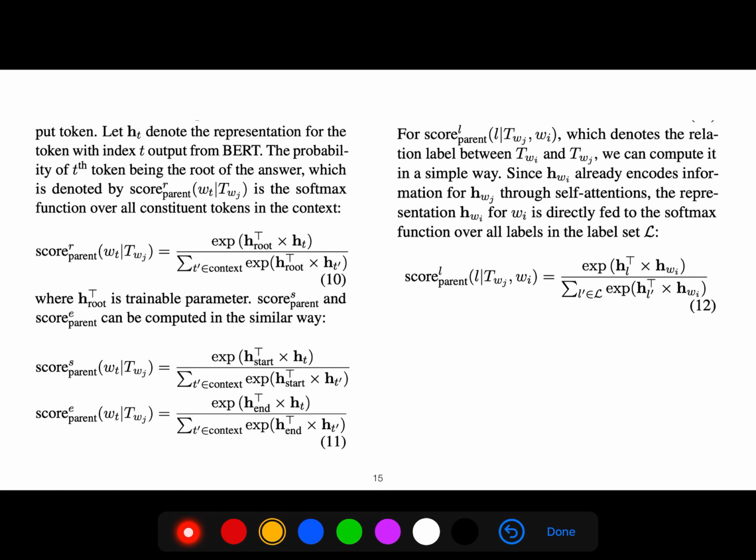They are similar. We use the representation for the token with index t, which is output by BERT, and we can model the score of w_t. The score of w_t given T is a softmax over all constituent tokens.